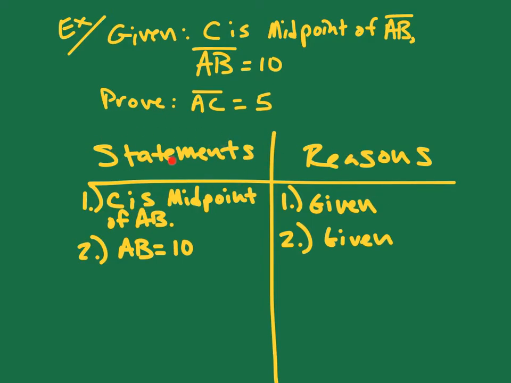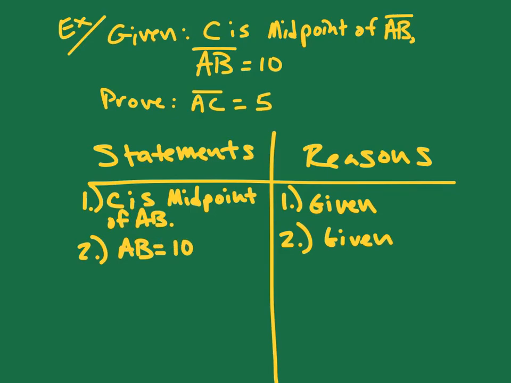When I write out my formal proof, I write out my chart. I put statements in my left column, reasons in my right column. I first write out my 2 given statements: C is a midpoint of AB, and AB is 10.